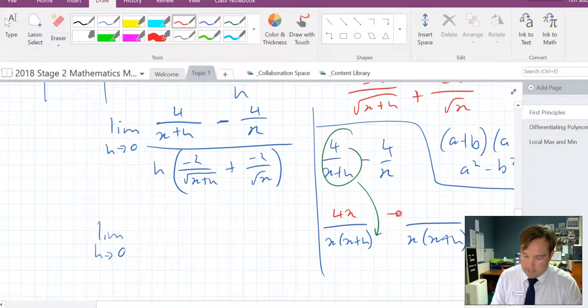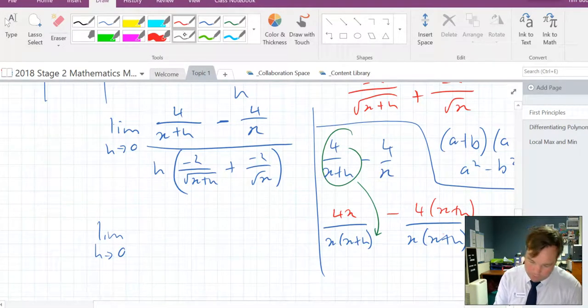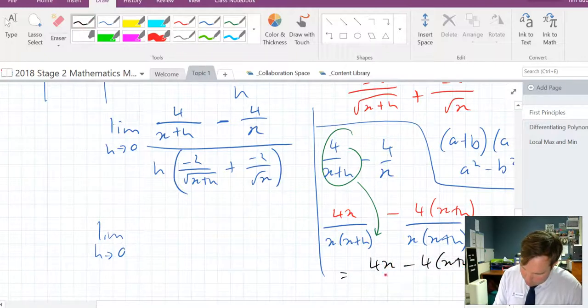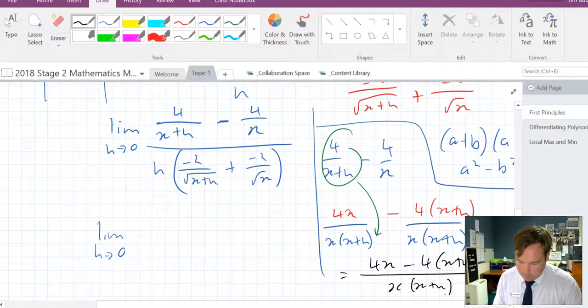Similar logic here, this is take 4 times x plus h. And that there gives us a fraction with a common denominator, so we can write this as 4x take 4 times x plus h on x plus h. Right.